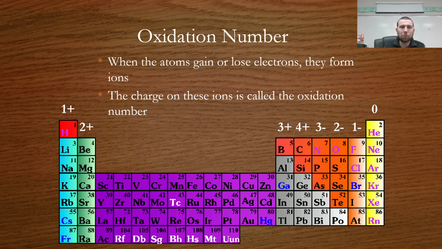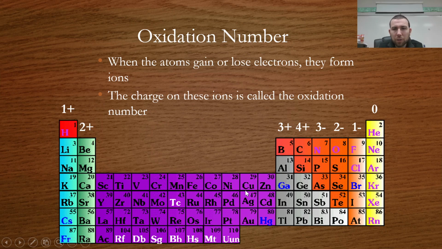If you look at each column, over here, column 1, the alkali metals, they have an oxidation number of +1. So all the elements in group 1 are going to have a +1 oxidation number. The elements that are in the alkaline earth metals have an oxidation number of +2. So from beryllium all the way down to radium, those elements are going to have a +2 oxidation number.